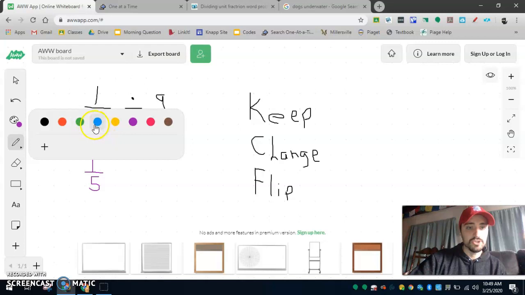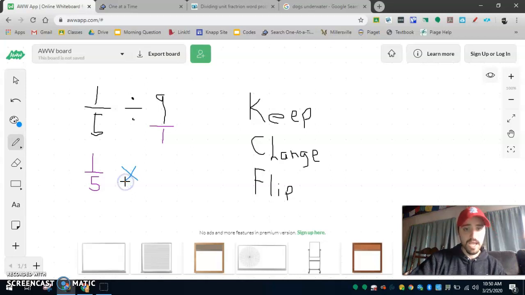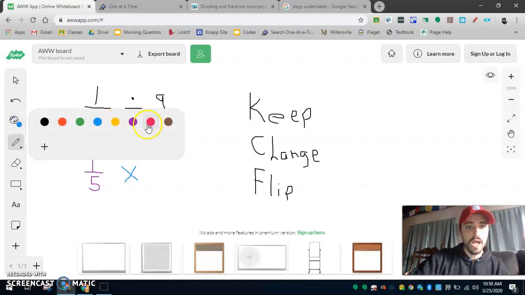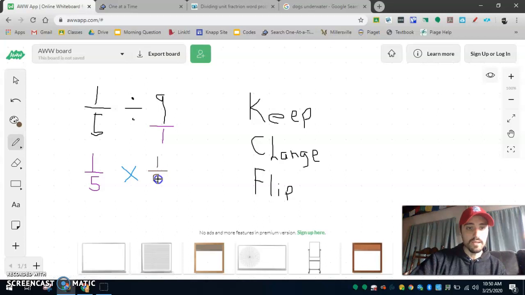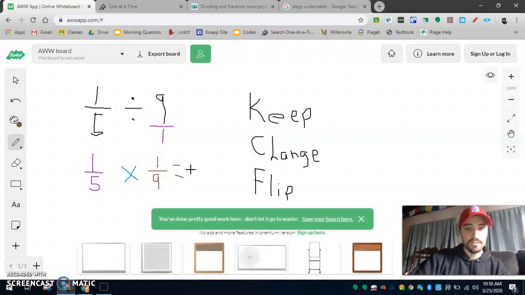Our second step is change. We're going to change our division into multiplication. And we are going to flip. 9/1, or 9 wholes, gets flipped to 1/9. Now we can just multiply across.